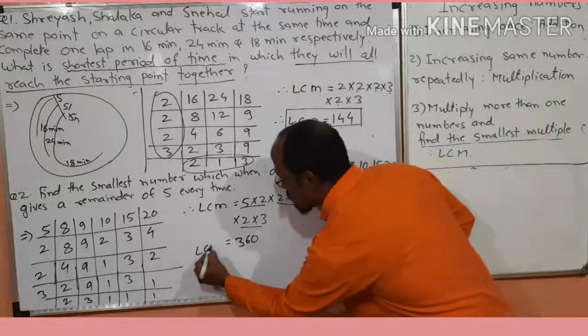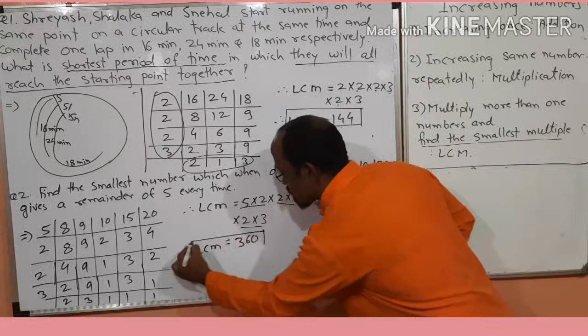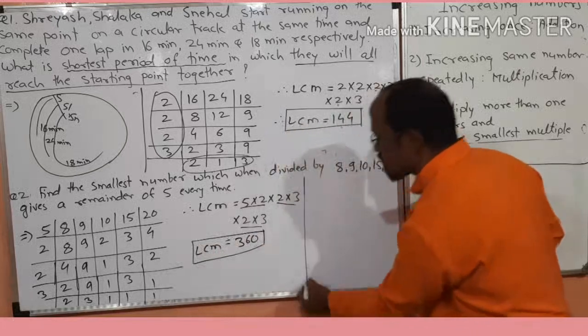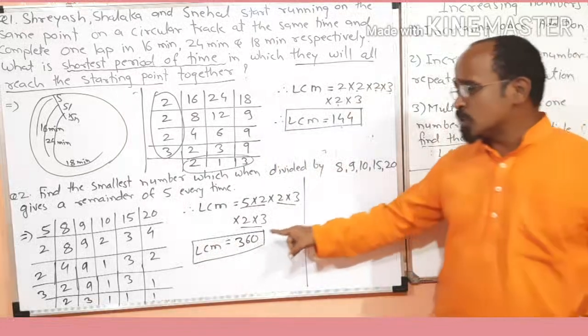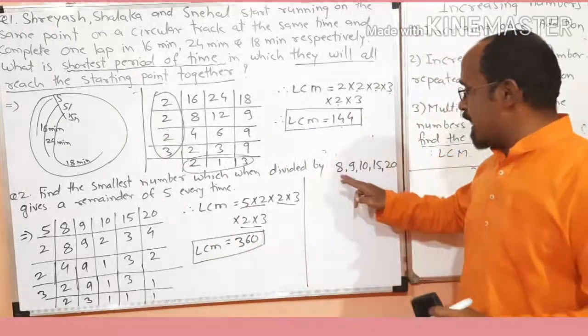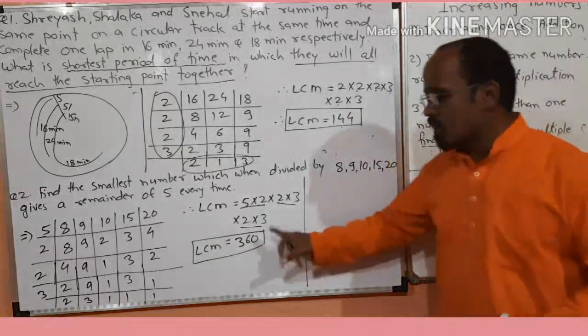So the LCM is equal to 360. Clear up to this? So the smallest number which is divisible by 8, 9, 10, 15 and 20 is 360.